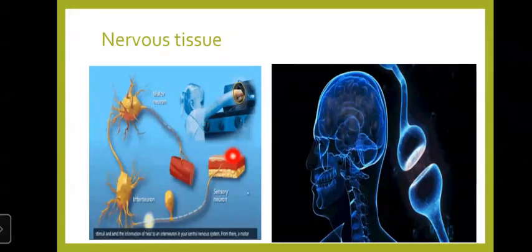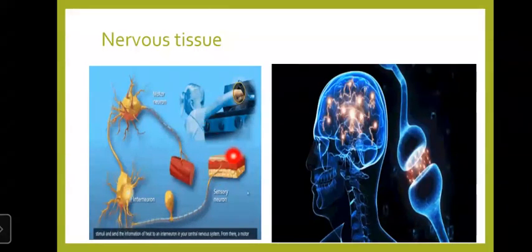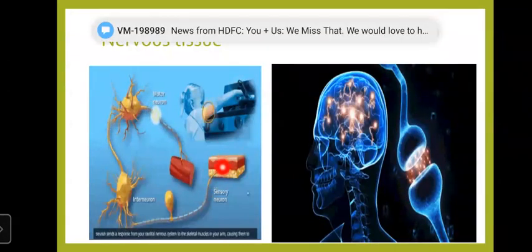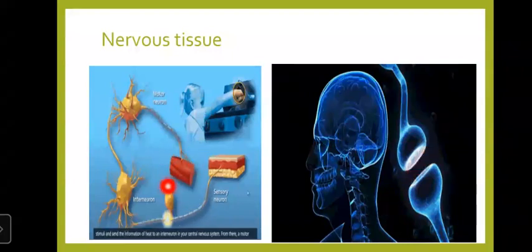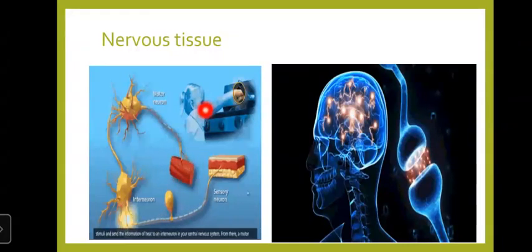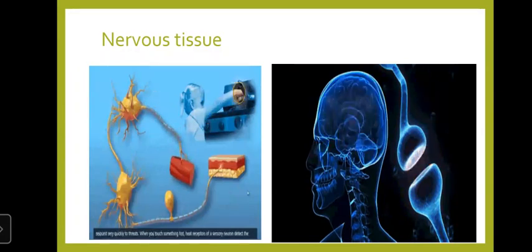Skin has a sensory neuron which senses. The impulse is generated, the impulse is carried by the neuron, and the reaction is given by the effector organ, that is the muscles. And as a reaction, the hand is pulled back. Okay, this occurs because of nervous tissue.